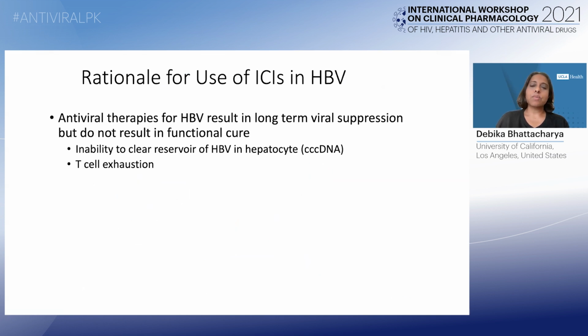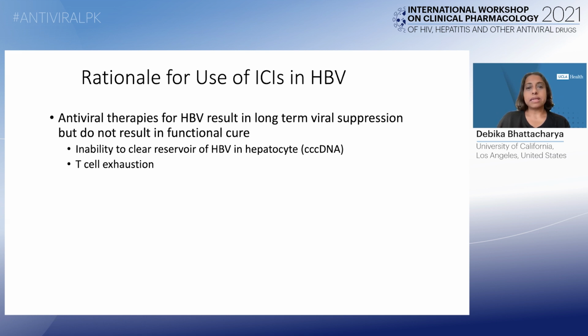And so why then would we want to use immune checkpoint inhibitors in hepatitis B? Many people ask, well, antiviral therapies already exist for hepatitis B, and they result in long-term HBV suppression. But the reality is, although they result in long-term HBV suppression, they do not result in functional cure, just like long-term HIV suppression does not result in HIV cure.